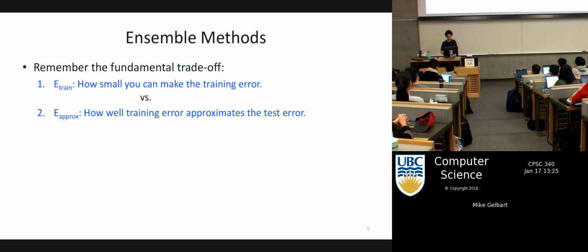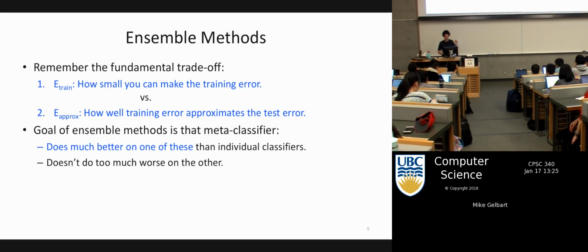So we talked earlier about this fundamental trade-off of machine learning between underfitting and overfitting is one way you could think of it, or training error and approximation error is another way you could think of it. And the idea of ensemble methods is, can we get the best of both worlds? Can we take some classifiers we already have and push on one of these sides of the trade-off without hurting ourselves too much on the other side of the trade-off to get a better performing method?